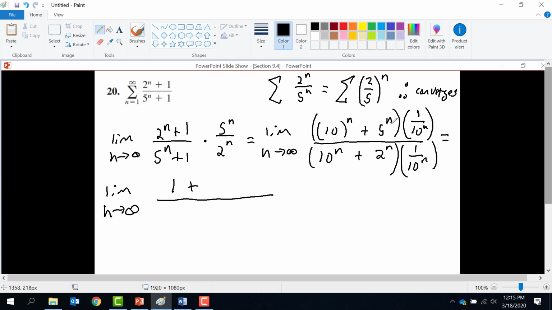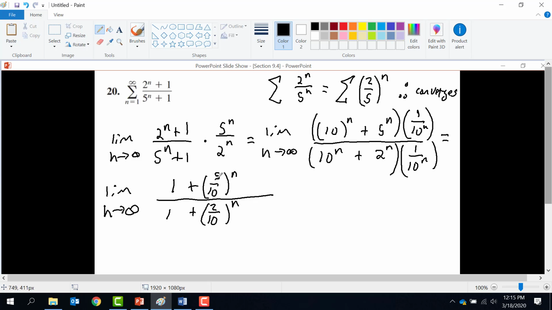And then because these both have an exponent of n, we can rewrite that as 5 over 10 to the n. And then over here we'll have a 1 again, plus 2 over 10 to the n. And now notice that the only place that there's a variable is right here and right here.